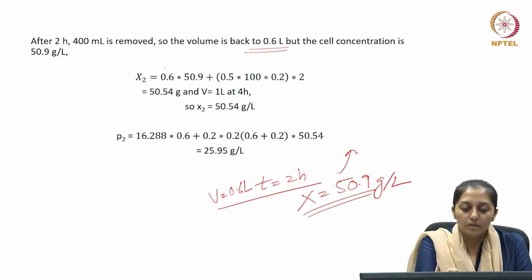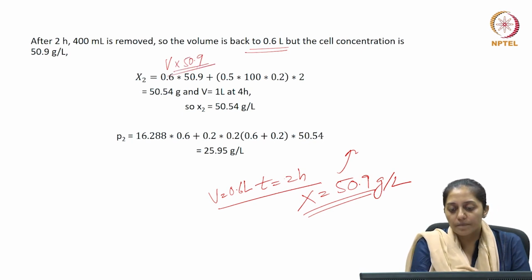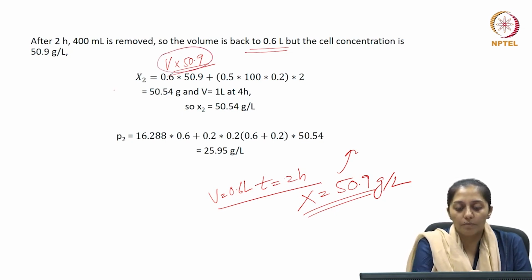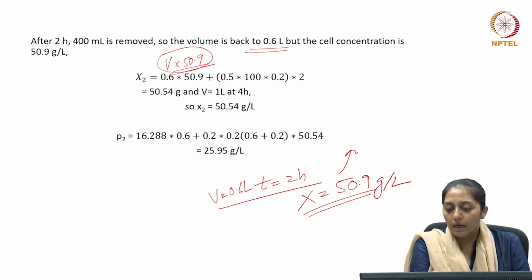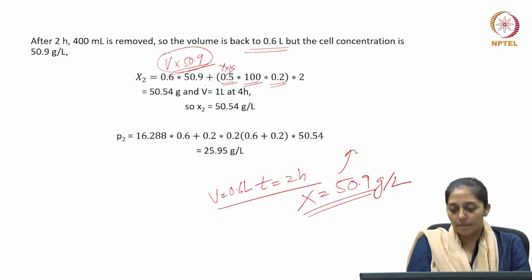So, this is the volume at 2 hours and this is the biomass concentration at 2 hours. Multiplying by the volume gives the amount of biomass at 2 hours, and this is nothing but F, the substrate concentration in the feed, 0.2 is F and 0.5 was Yx by S.